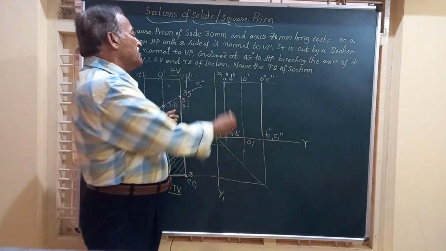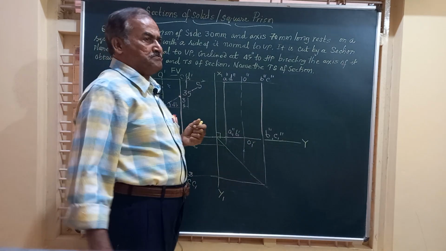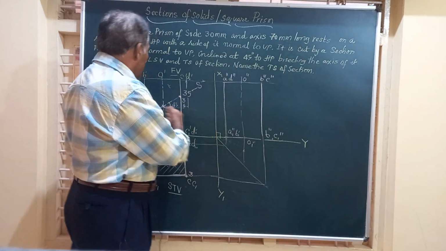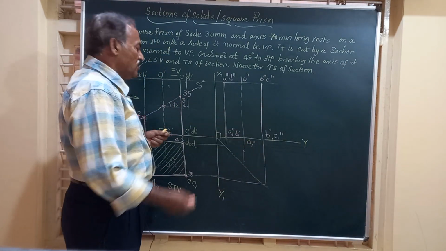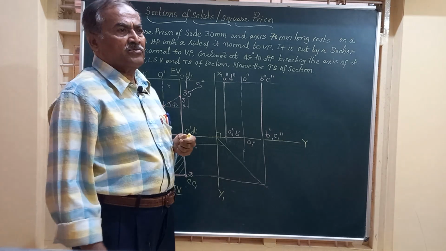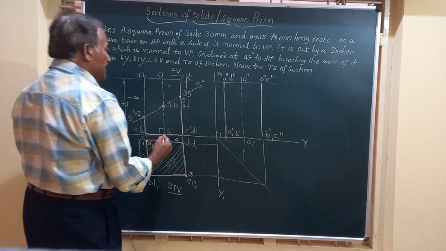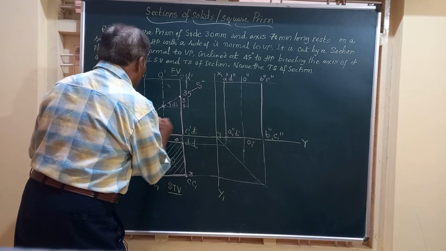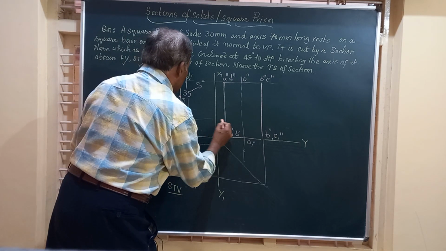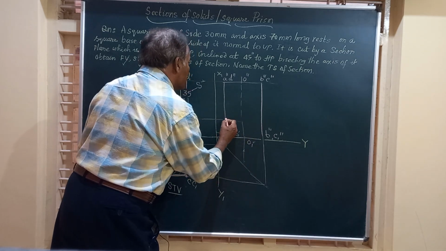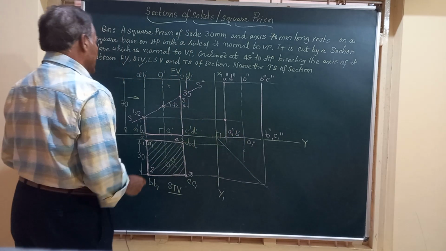Friends, onto these vertical edges, let us transfer all these points obtained in the front view. Friends, here 1 is on AA. So I am going to draw a horizontal line from 1 so as to cut AA.